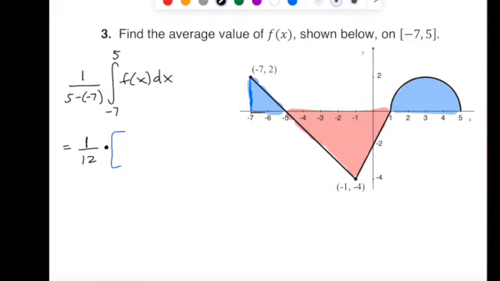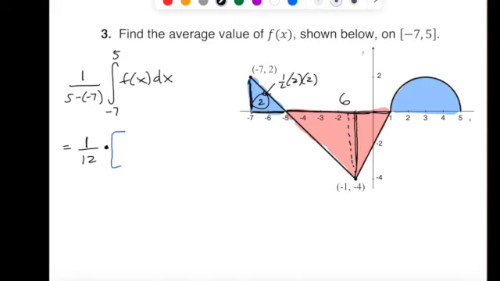So the first area up is this triangle here. That's a 2 by 2 triangle, so 1/2, 2 times 2 is of course 4 divided by 2, or 2. So the area of that is 2. The area of this red triangle that's below the x-axis has a base that goes from -5 to +1, so that's a base of 6, and its altitude is that distance right there, from -1 straight down to 4.